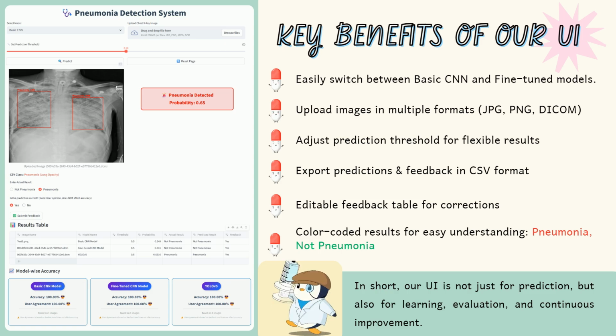Results are color coded, making it easy to understand at a glance. There is an editable feedback table so users can correct mistakes. Everything can be exported as a CSV for further analysis or record keeping.